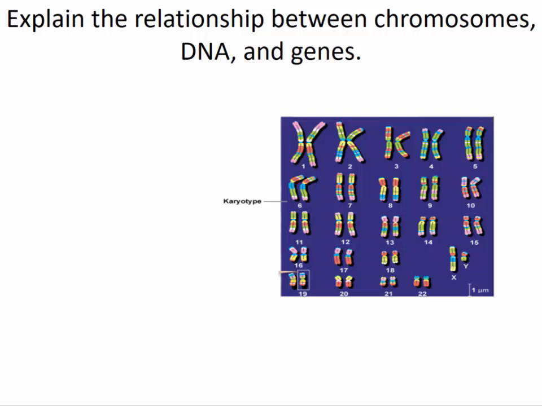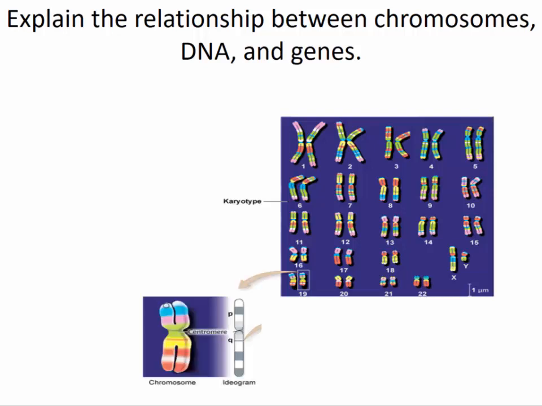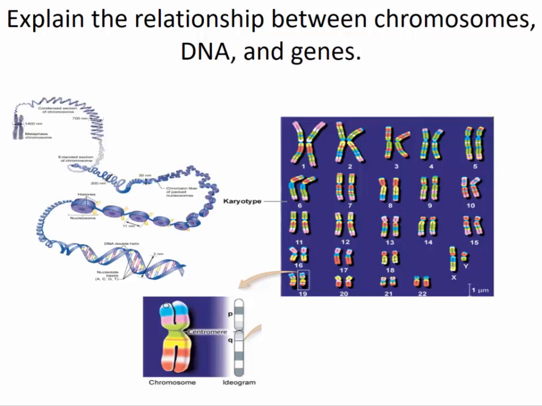This karyotype is all of the chromosomes of the human cell laid out beside each other. Zooming in on a chromosome, it looks something like this, where we have the chromosome and in the middle we have the centromere. As we've said earlier, the chromosomes then are made up of DNA. Here's an image of that DNA wrapped around the proteins that ultimately go on to form the chromosome.